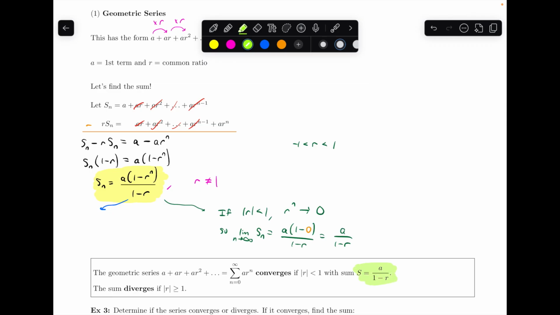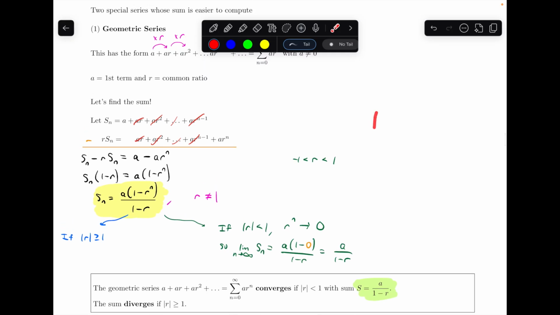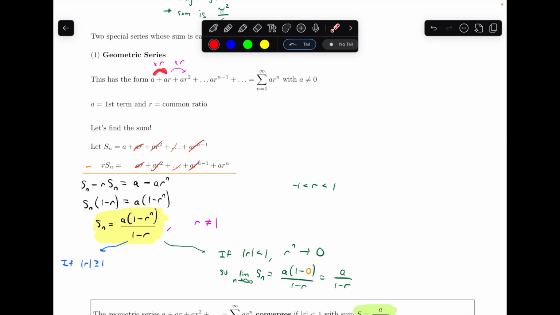Okay. The flip side is, what if the absolute value of r is actually greater than or equal to 1? So now we're talking about numbers that are either bigger than or equal to 1 or less than or equal to negative 1. Let's ignore the possibility that they could be 1 or negative 1 first. If it was something bigger than 1 or smaller than negative 1, when you multiply by r again and again, you're making the whole thing, ignoring negative signs, larger.